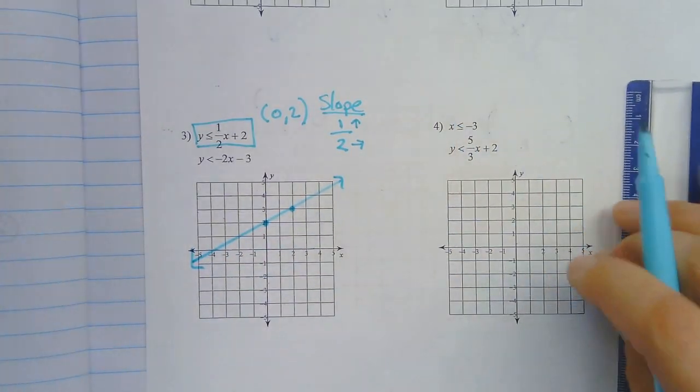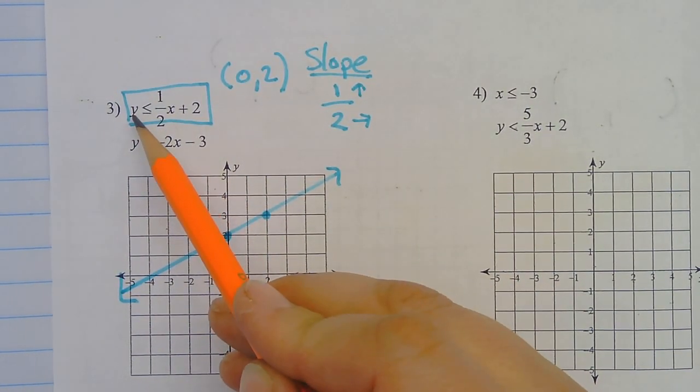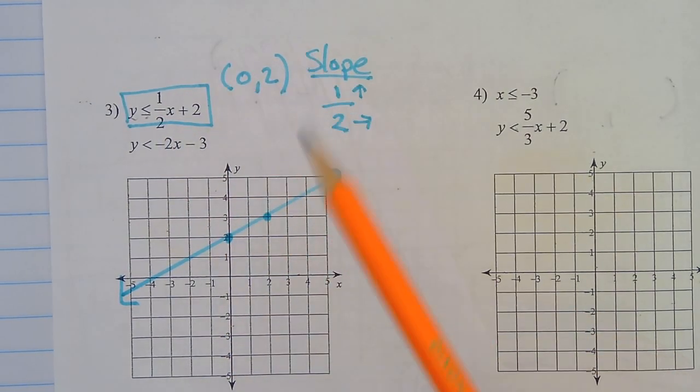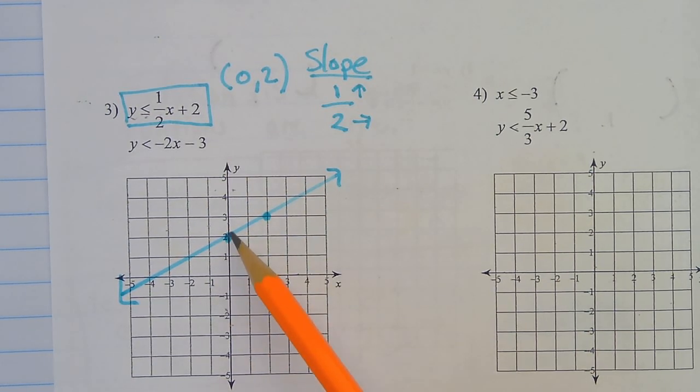All right, so I want you to be able to check a solution. I also want you to be able to understand the words for this. This says that y is less than or equal to the line. So if I put my pencil on the y-intercept, is less than going to be above or is less than going to be below? Less than is going to be below.